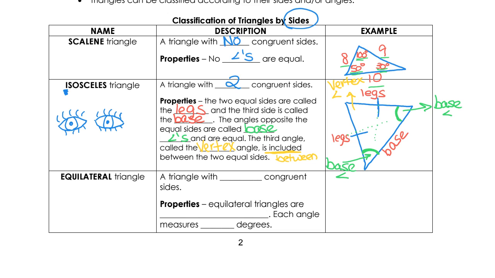Okay. All right. Last triangle we're going to talk about with sides on this page, it's called the equilateral. Lateral, that word in there refers to side, and equal refers to equal. So it's a triangle with 3 congruent sides. Since he has 3 congruent sides, you're going to see that his 3 sides will have tick marks on it.